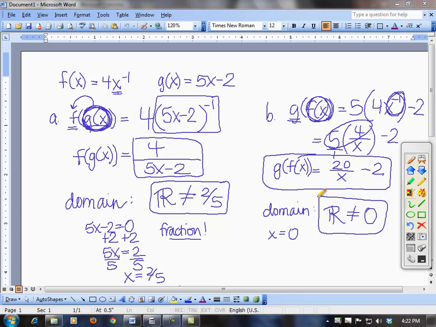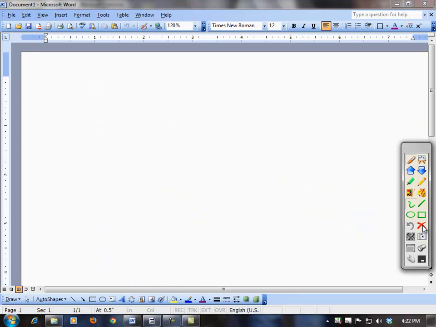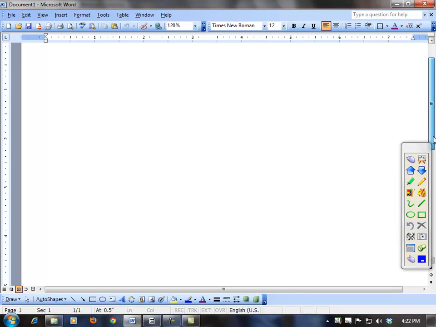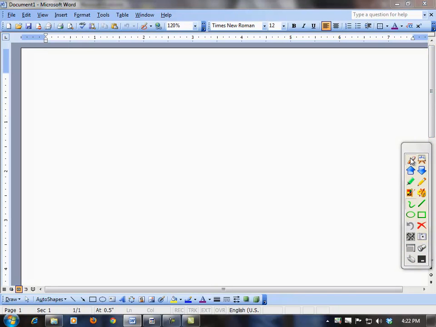Okay, now draw a line underneath that, and we're going to do the second one there, and we'll practice more as a warm-up in class. But if you draw a line, we want to do the second one that's on the worksheet. Take a look. The second one that they give you, f of x is 6x to the negative 2.